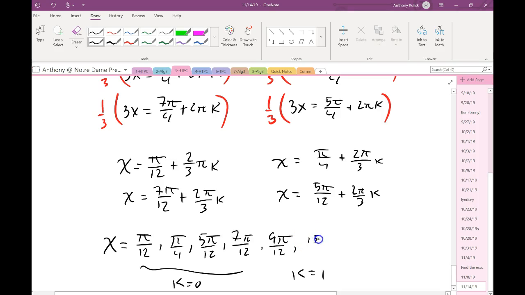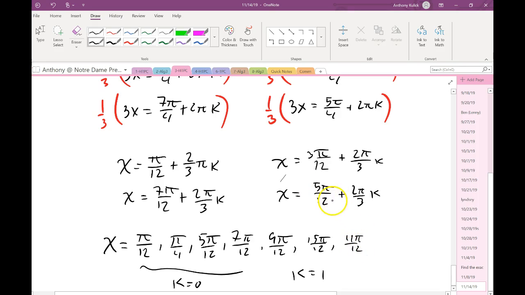And then 15 pi over 12, still less than 2 pi. Maybe I should have left that as 3 pi over 12. That probably would make my life a little bit easier. At least I'll reduce it over there later. And that's 11 pi over 12.